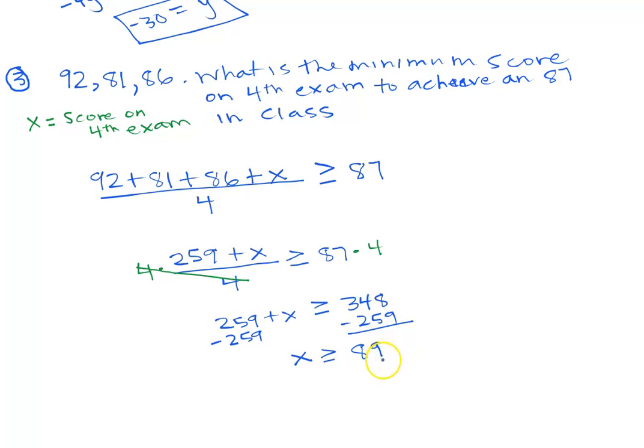You'd say, wait a minute, she can't have a negative score on her exam. That would be really awful if you could get a negative score on an exam, right? So you'd want to think, oh, okay, I need to look back through that again. So I'm just going to put out to the side: 89 or better on the 4th exam. Something like that. Just put in words what you're doing, or needs, or something like that.